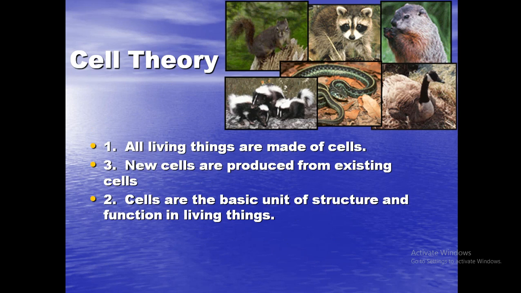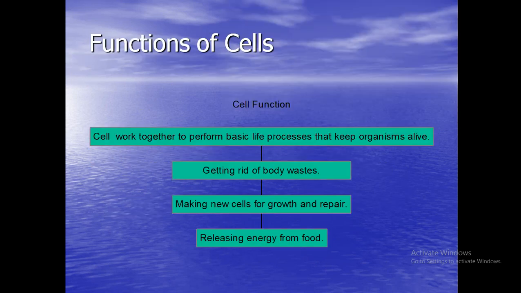New cells are the contribution from pre-existing cells. And cells are the basic unit of structure and function of all living beings. In other words, you can also say that the cells are the structural and functional units of all living beings. That is what the cell theory proposes.